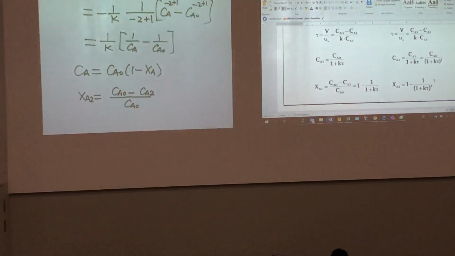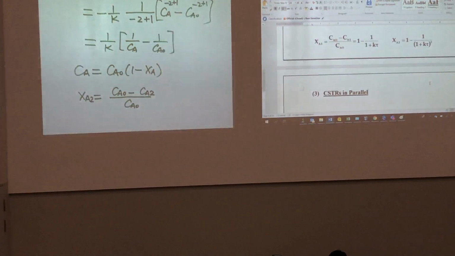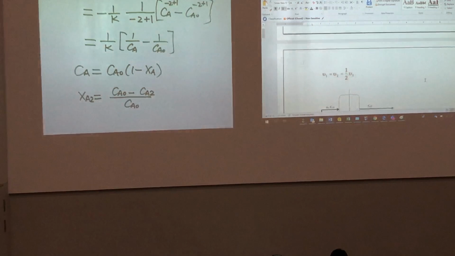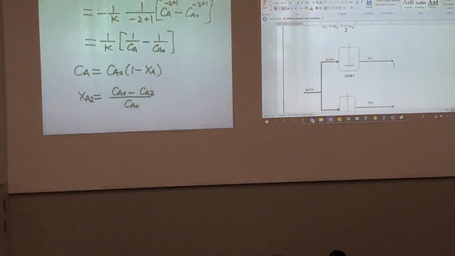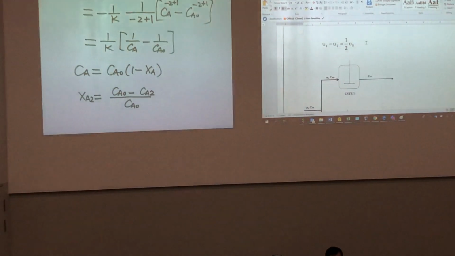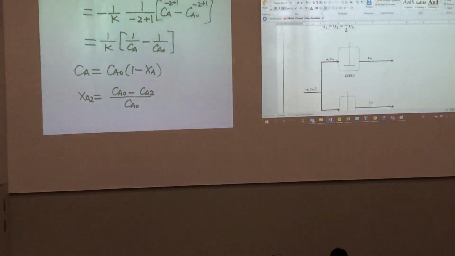So this is for two CSTRs connected in series. Then if they are connected in parallel, we only need you all to know this case. The volumetric flow rate will be equally distributed into the two reactors, so the volumetric flow rate will be half of your original.